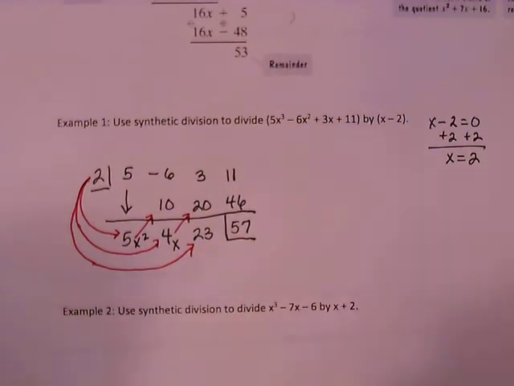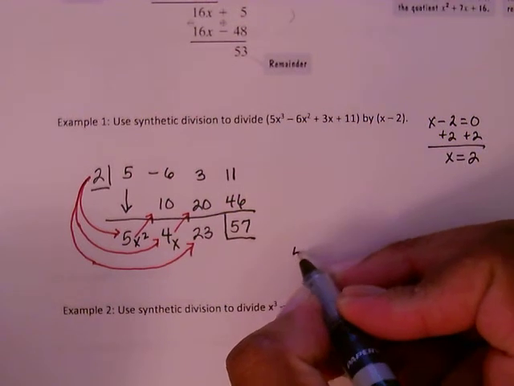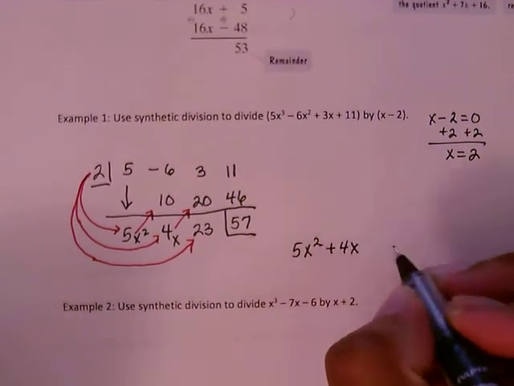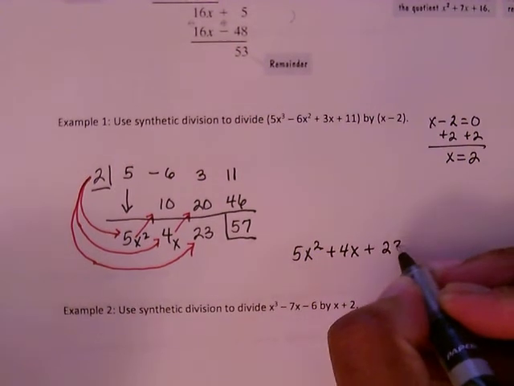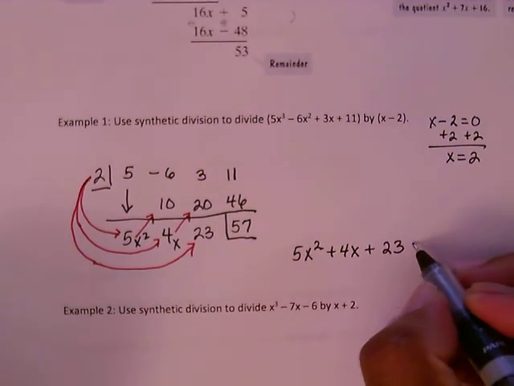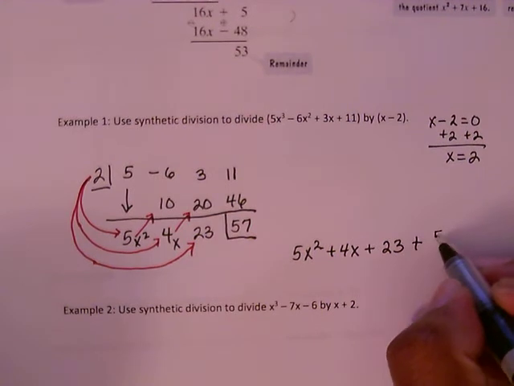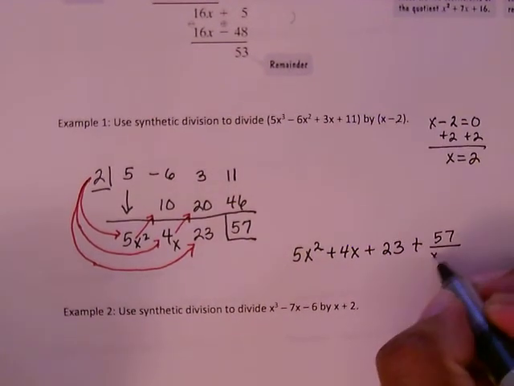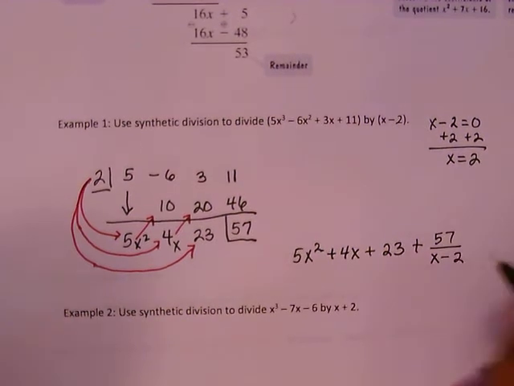So this is what the quotient and the remainder would look like. 5x squared plus 4x plus 23. And then the remainder would be plus 57 over the divisor, which is x minus 2.